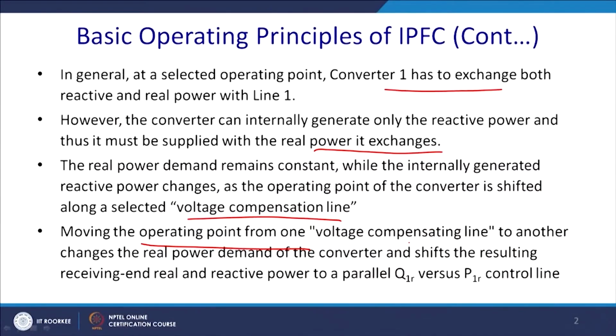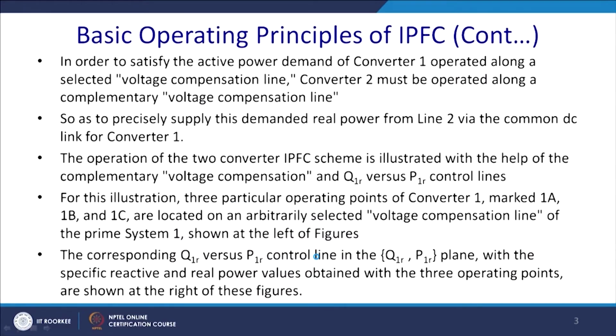Moving the operating point from one point to another changes the real power demand of the converter and shifts the resulting receiving end real and reactive power in the parallel line, P1 as well as Q1 of the control line. So, that is what we have understood. You have a chord, this is the line where there is no compensation, and you go above.